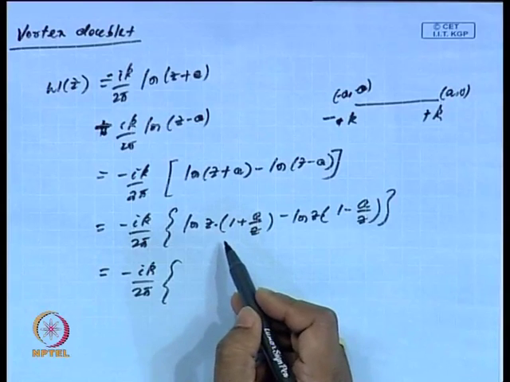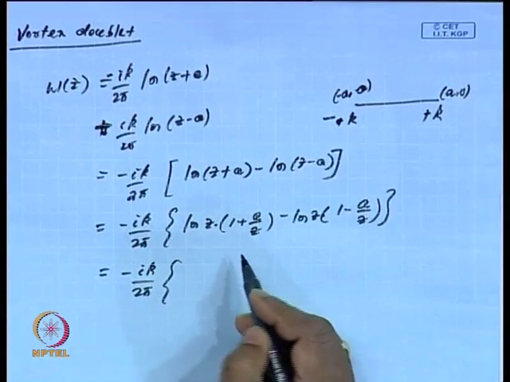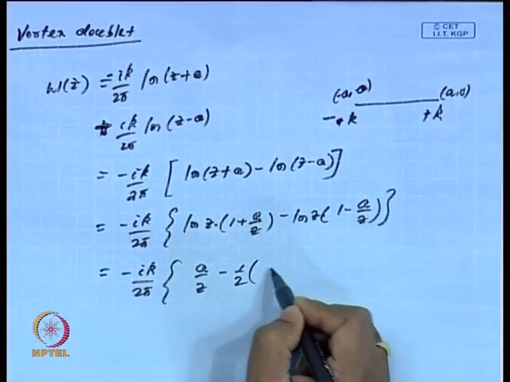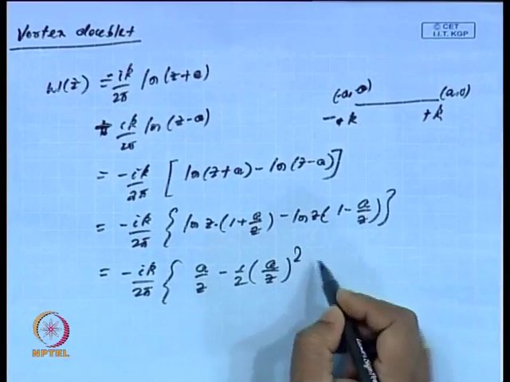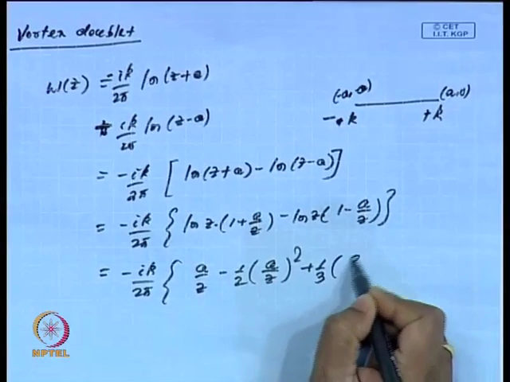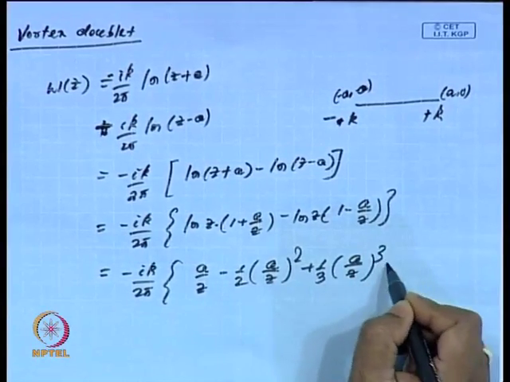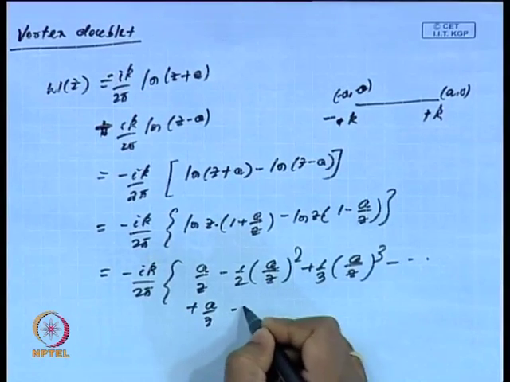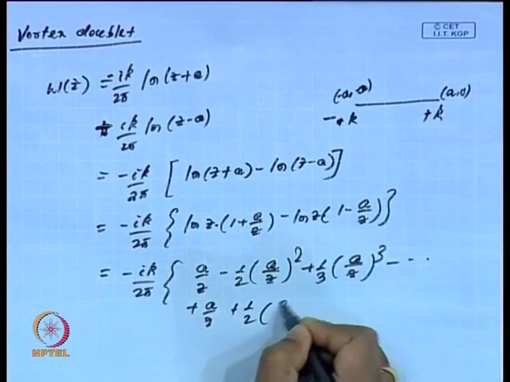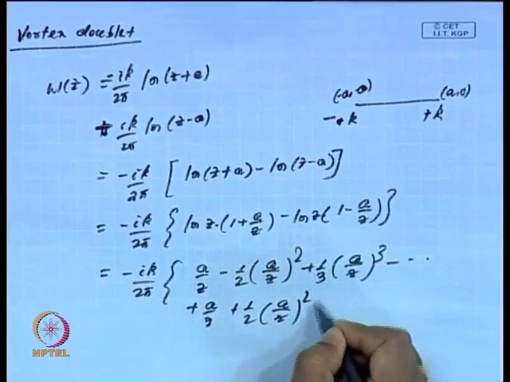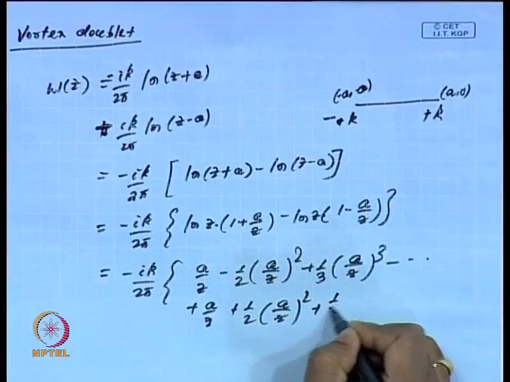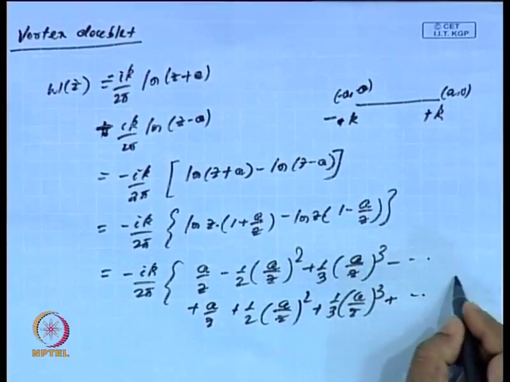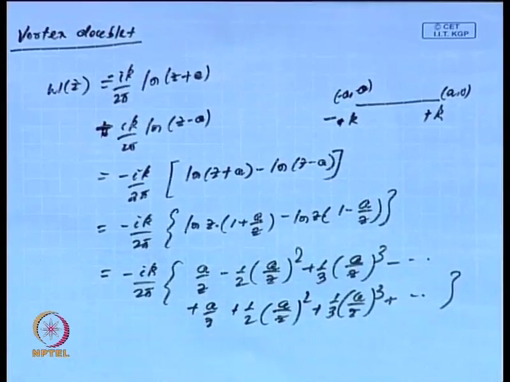Then you have log of 1 plus a by z, which gives a by z minus half a by z square plus 1 by 3 a by z cube, minus and plus a by z plus half of a by z square plus 1 by 3.